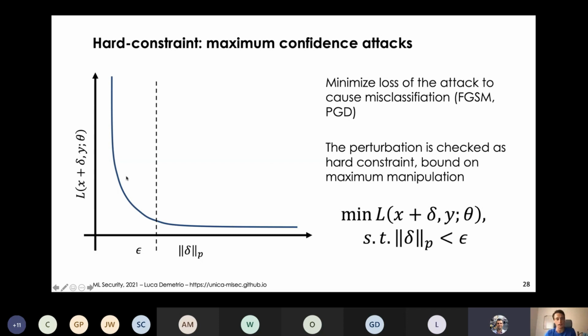Then you're fixing the bound very, very low, and you try to optimize on this side, so you might not end up with something that is functional to you. Otherwise, if you just take this epsilon and put it far away, you're going to find something that is visible, like an artifact, but it's evading. So I think it's just a matter of how low you put epsilon for a maximum confidence.